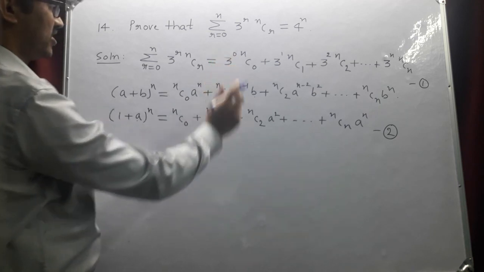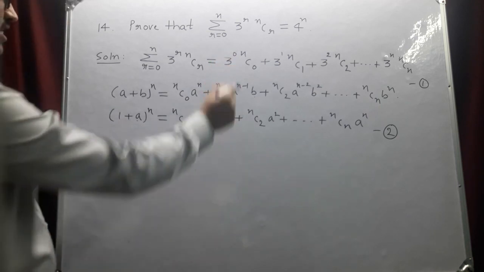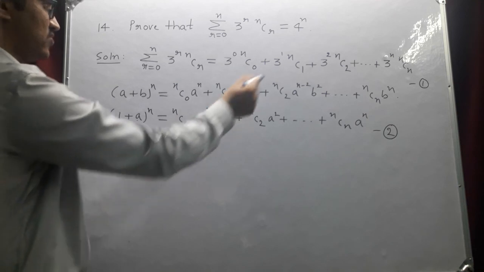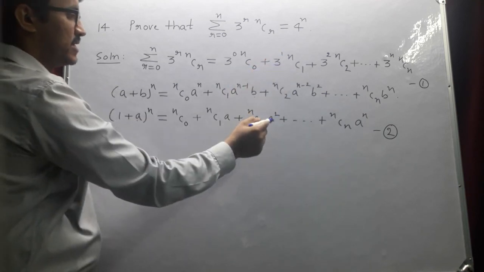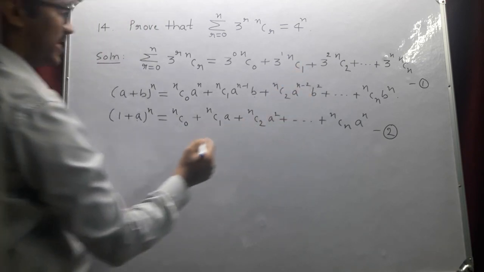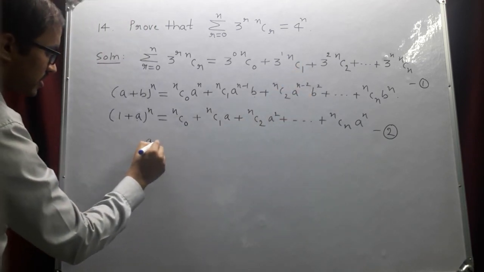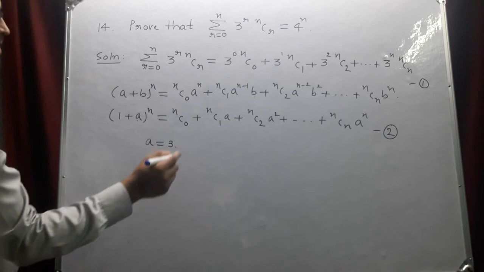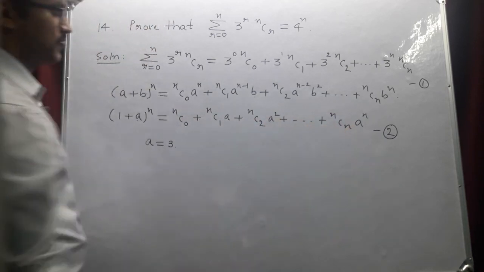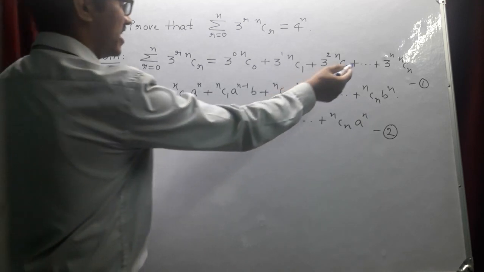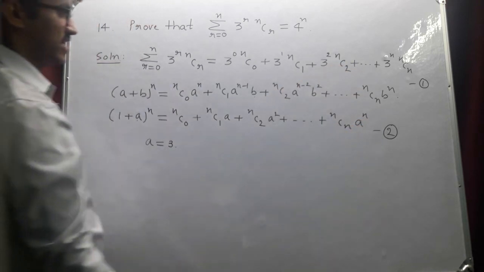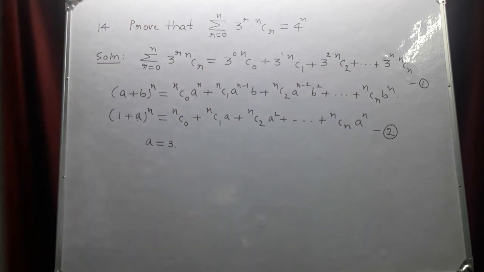So 3 power 0 is 1. See here, nC0, here also nC0, nC1, nC1, a is 3. So suppose I take a is equal to 3 in equation 2, we can conclude that equation 1 and 2 are the same in the right hand side.